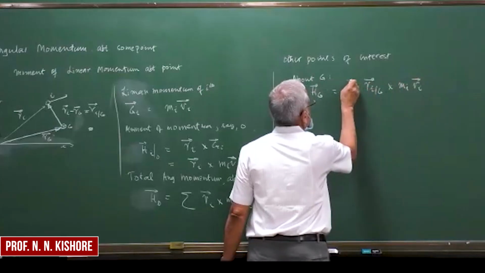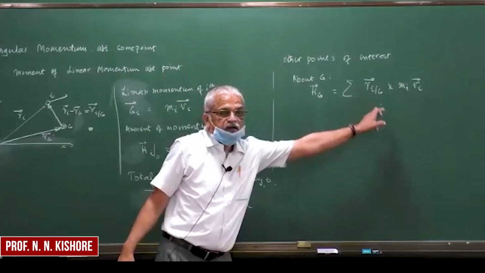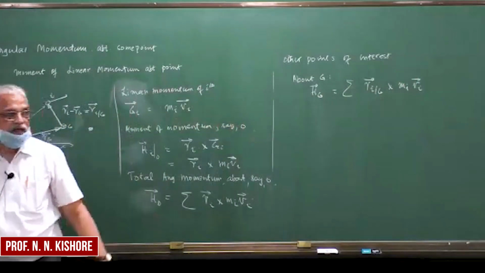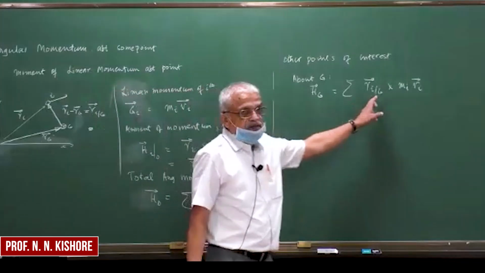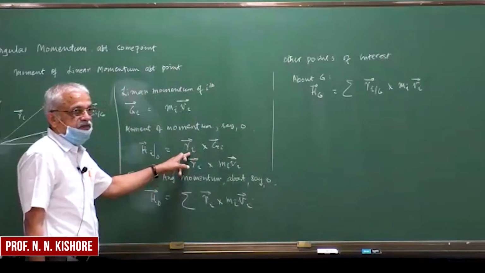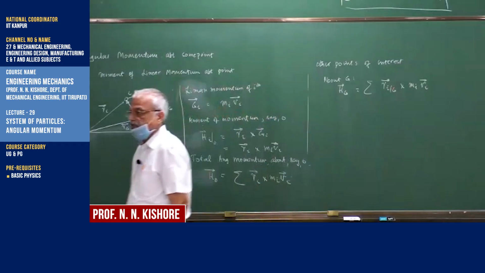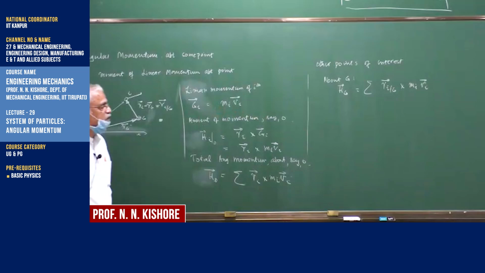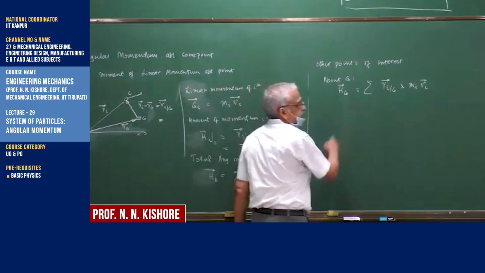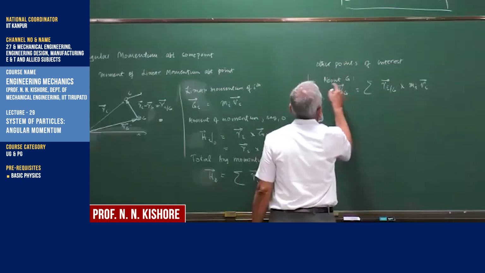Everything else is the same; only this relative position vector changes. Earlier it was r_i directly to the origin, whereas here it is r_i/G. So this is H about G, using the absolute linear momentum.